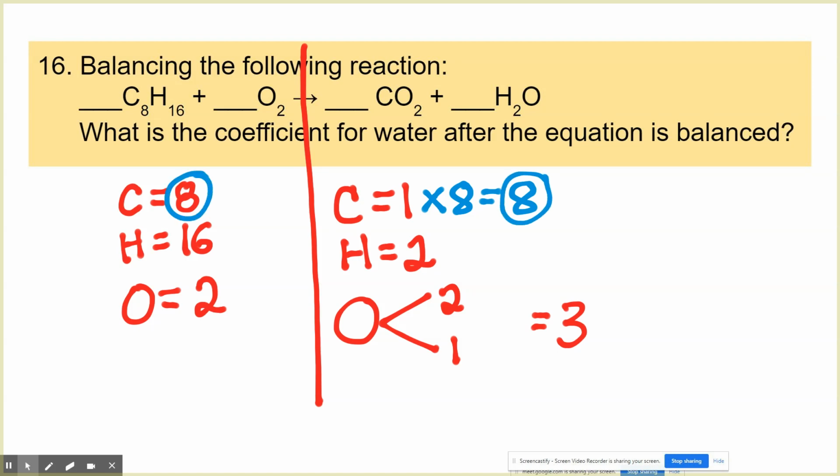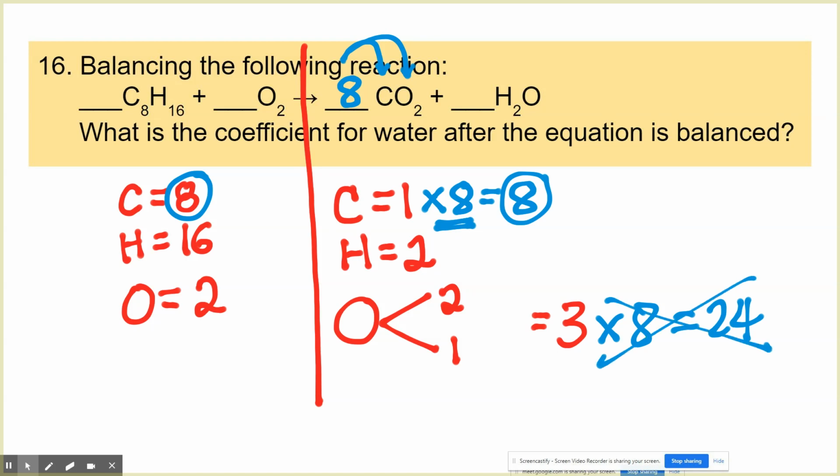But we're not interested in the final answer. We're interested in the multiplier, because that multiplier becomes your new coefficient. So 8, put it right here. Let's look at that 8. Does it multiply anything else other than the C? It multiplies the C and then it multiplies the O. So do I just multiply the O like this by 8 to make it 24?